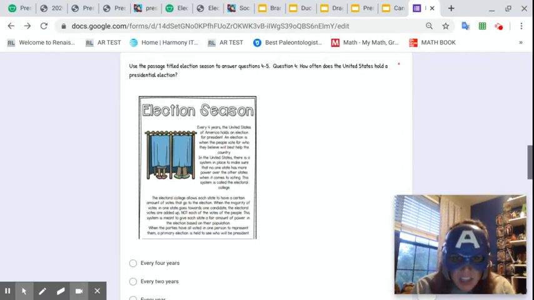The Electoral College allows each state, so our class, a certain amount of votes that go to the election. When the majority of the votes in one state goes toward one candidate, the electoral votes are added up, not each vote of the people. This system is meant to give the state a fair amount of power in the election based on their population.